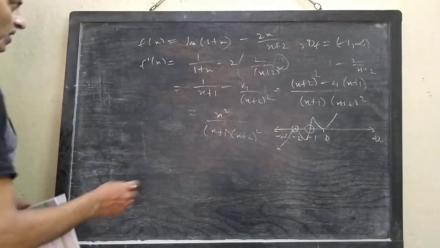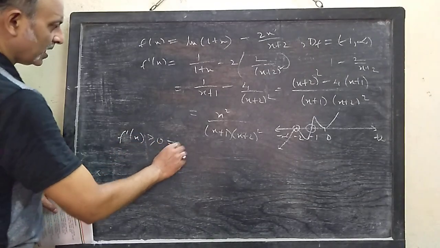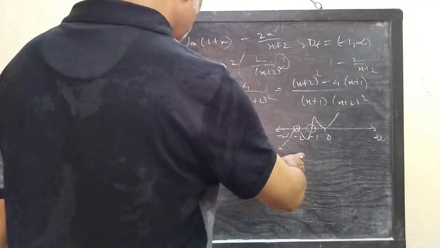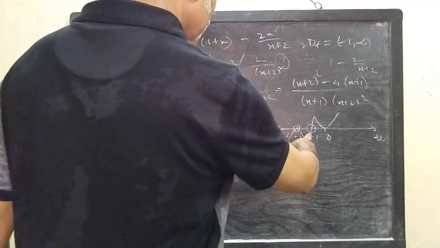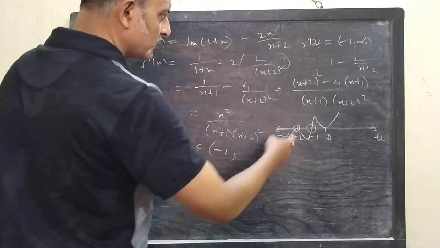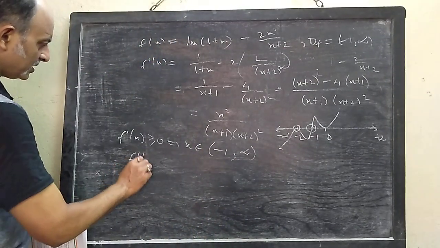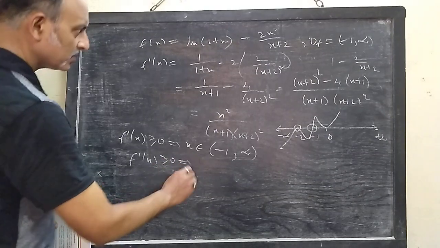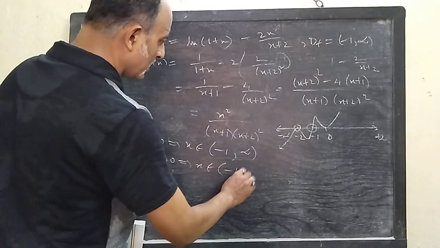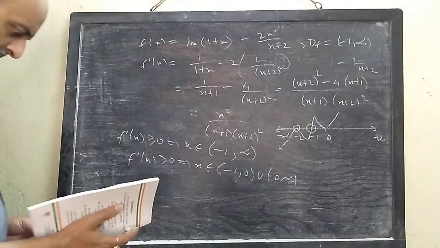For an increasing function, you have f'(x) greater equal to 0. That will imply x belongs to open -1, 0 included, to infinity. And for strictly increasing, f'(x) greater than 0, this will give you x belongs to -1 to 0 open union 0 to infinity open.